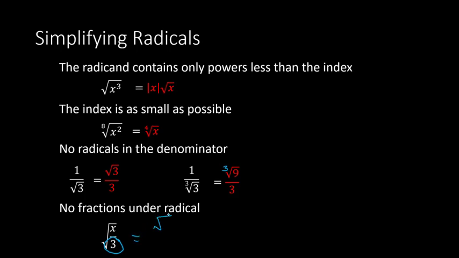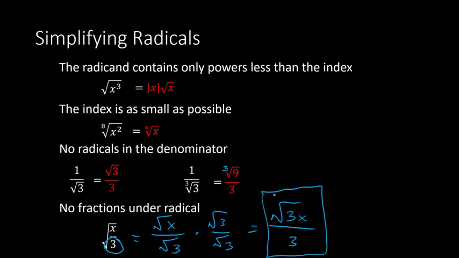We can write this as the square root of x over the square root of 3, and then we can eliminate the radical in the denominator by multiplying top and bottom by that square root. So on the top we have the square root of 3 times x, and the bottom we would have the square root of 3 times the square root of 3, which would equal 3. So this here would be your final simplified answer.